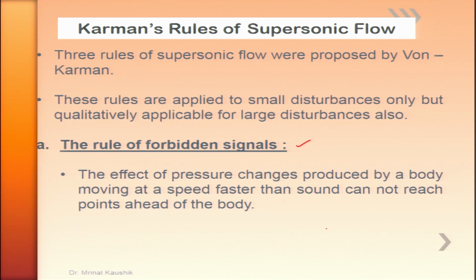It says that the pressure changes produced by a body moving with a speed faster than the speed of sound can never reach upstream. That is, whatever information is produced by the object will be localized in the periphery of the object itself, and it will not reach further upstream.